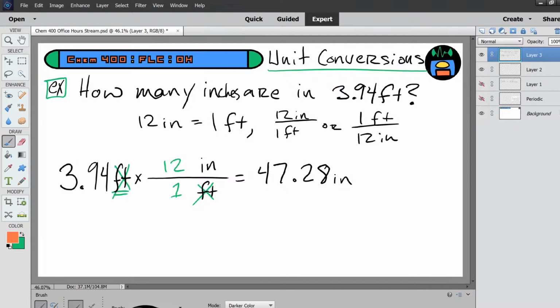And the answer is, we have our original measurement, which is 3.94. It has 3 significant figures, so we can only keep 3. The 8 is going to round up. So our correct answer with the correct units and the correct sig figs is 47.3 inches.